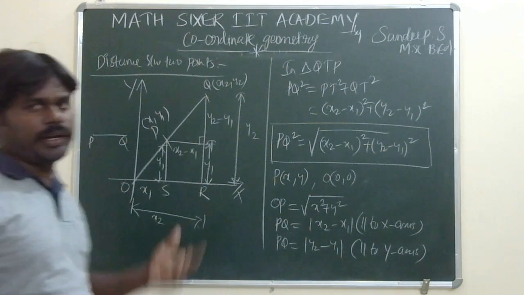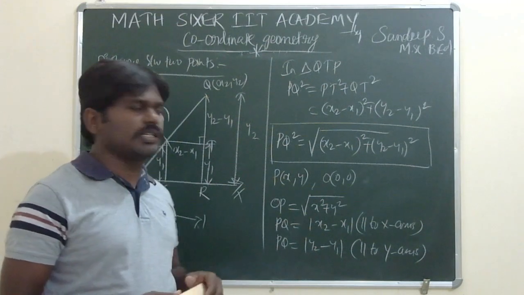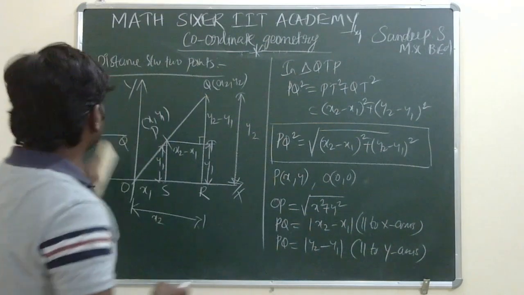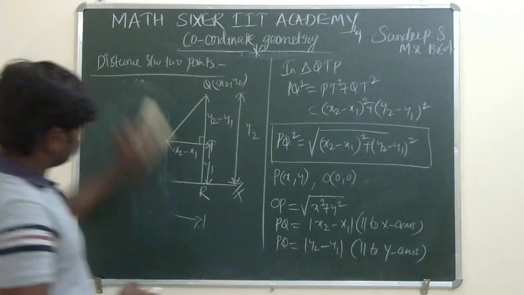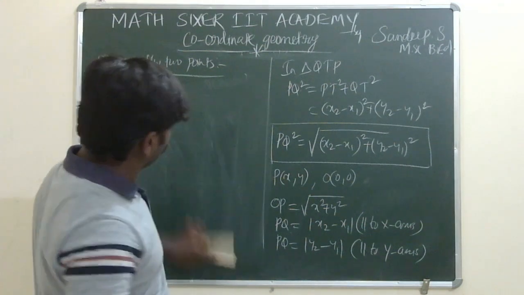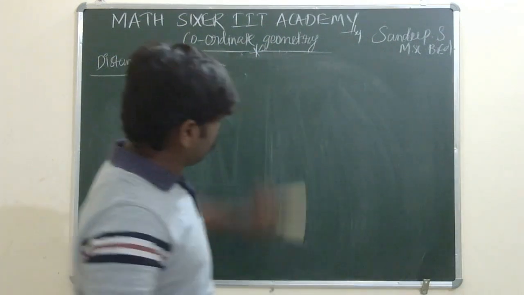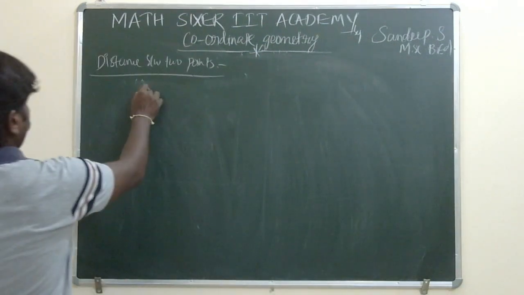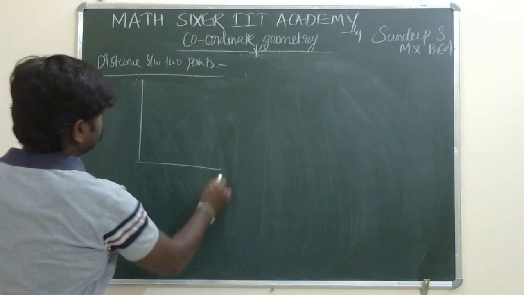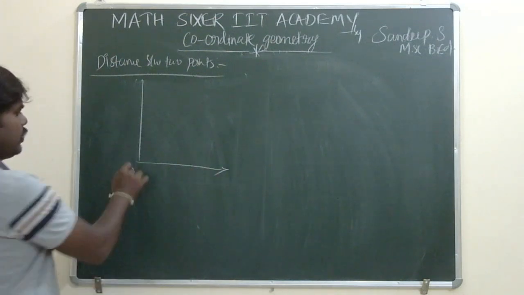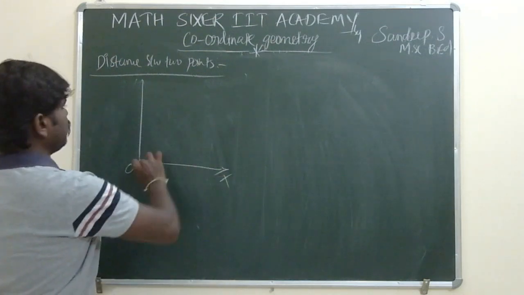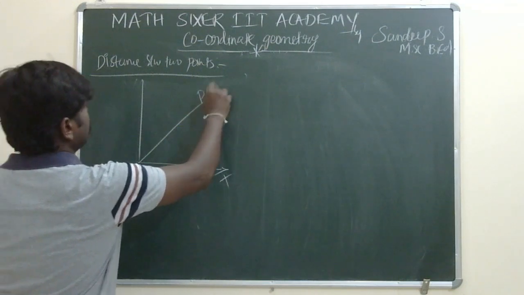So this is in the coordinate axis. Now we will see the distance between points in polar coordinates. Suppose I am taking OX, and P as (R1, theta 1).